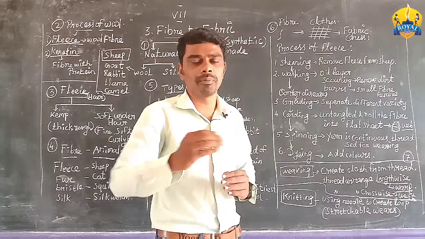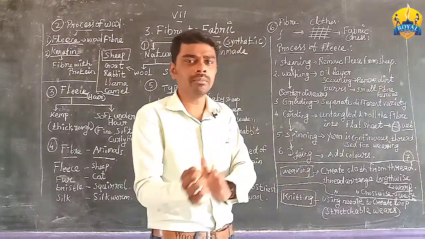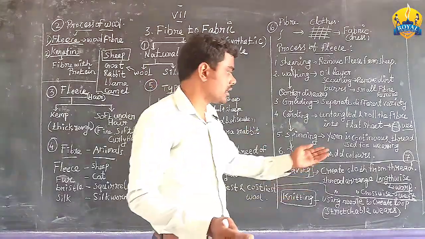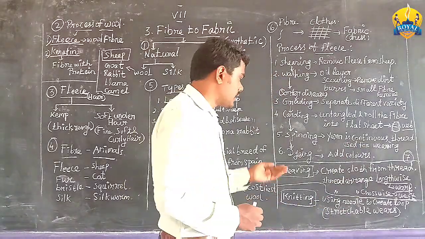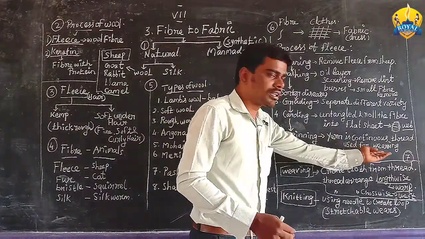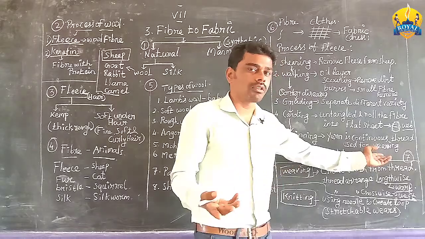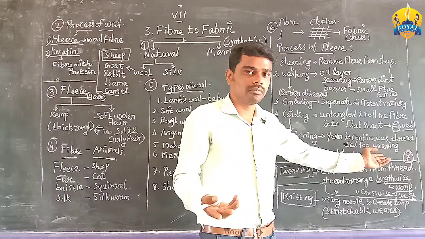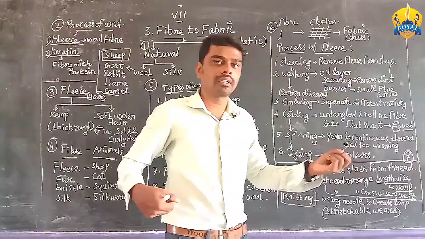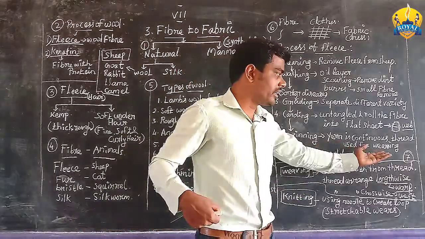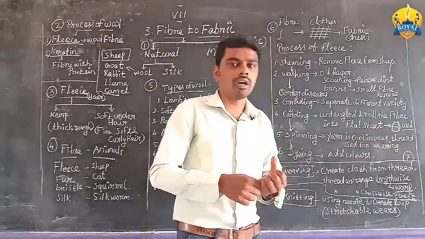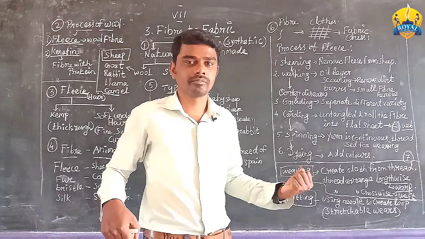Weaving means the thread becomes cloth, which is known as the weaving method. Based on the weaving method, we prepare the cloth. The qualified thread forms cloth, and based on the web, the cloth is finally formed.